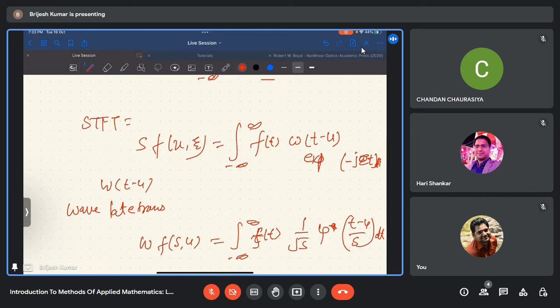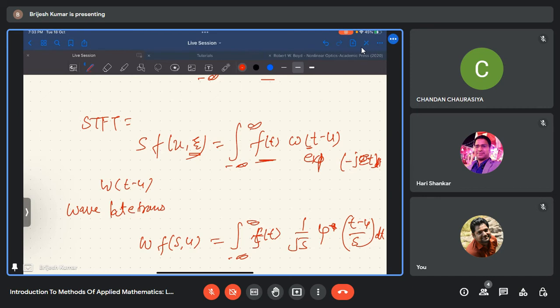This window is designed to extract a small portion of the signal f(t) and then take the Fourier transform. So the transform coefficient has two independent parameters: one is the time parameter u, indicating the instant we are concerned with, and the other is the frequency parameter xi, just like in the Fourier transform.